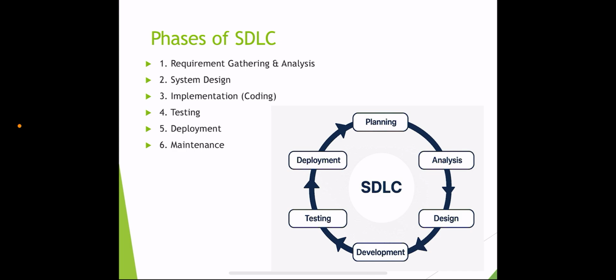And based on that business requirement document, our product owner makes the SRS document. SRS document is nothing but the system requirement document. Okay, so in the system requirement document, every minute detail is mentioned.